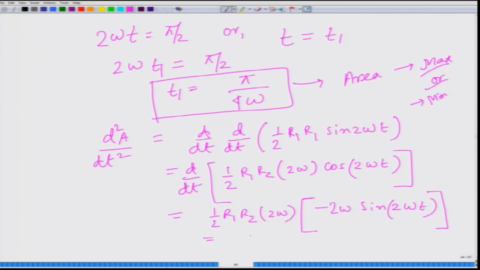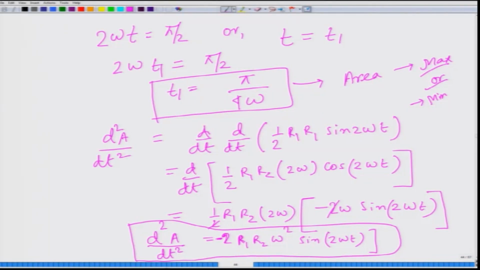The 2 cancels, and I get minus r1 r2 2 omega square times sine of 2 omega t. This is the expression for the double derivative of the area A.